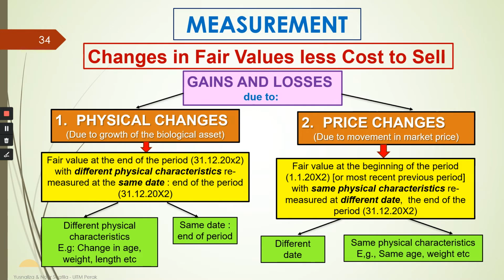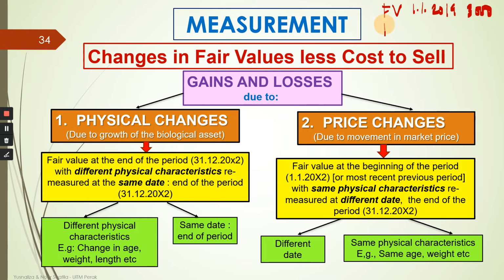Now look at the measurement. We go further, subsequent measurement. As I said, subsequent cost. These are also some of the examples that you may come across when you talk about fair value. So if you have a fair value today for the same cow on 1st of January, let's say 2019, for the cow aged 2 years old, let's say 3,000.